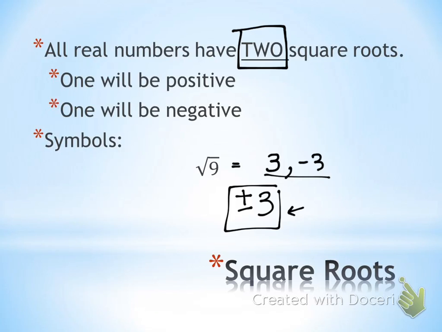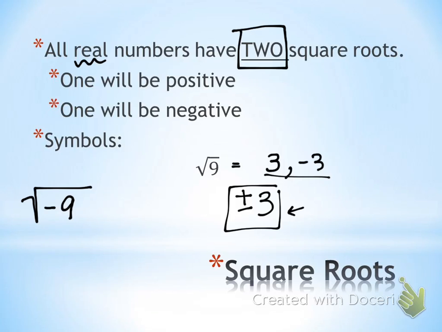Now, in the definition, it says all real numbers. You say, okay, what do you mean by real numbers? Real numbers are any digit from 0 to infinity that is positive. So, when I have a negative number underneath the radical, ask yourself this.